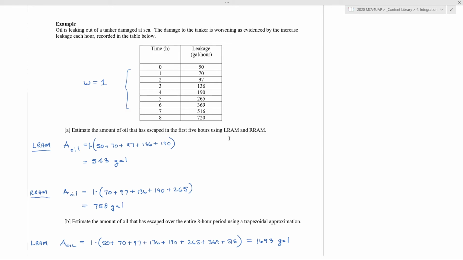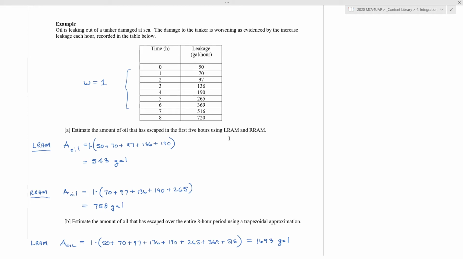So in the first 5 hours, you can see that the width is just 1, right? Whether we're using rectangles or trapezoids, the difference between each time value is just 1. So that's our width. And for LRAM, it would be 50 plus 70 plus 97 plus 136 plus 190 for the first 5 hours.